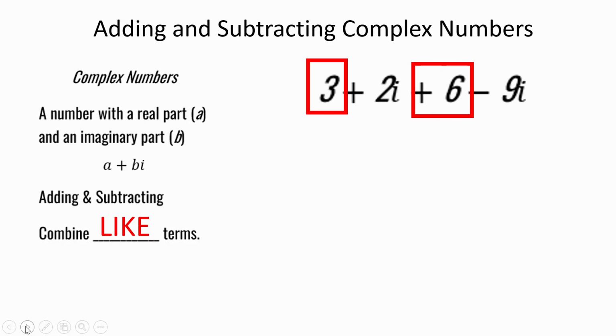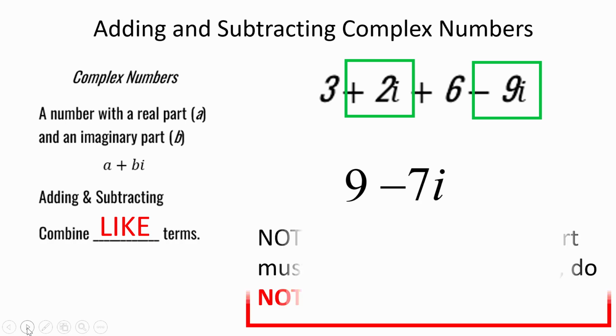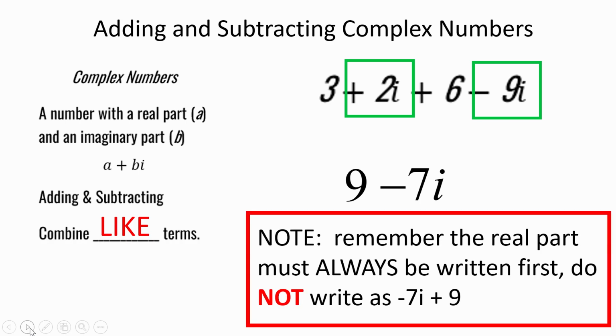So my 3 and my 6, those are like terms, and notice that the sign always goes with the number, the sign in front. So 3 plus 6 is 9. And then I have my plus 2i and my minus 9i, and when I combine those, I get negative 7i. Remember that you always want to have it real plus the imaginary part, so I want to keep this as 9 minus 7i. I do not want to write it as negative 7i plus 9.